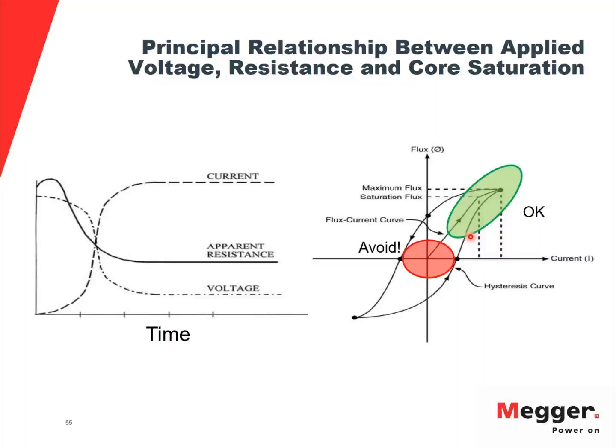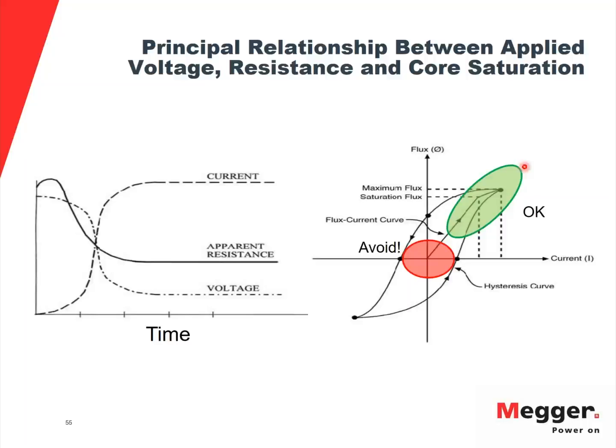This is how winding resistance works in the background. The current would start, it would be kind of non-linear, and then it would stabilize, and the resistance would be fluctuating all over the place. Once the current is stable, the resistance would stabilize as well.